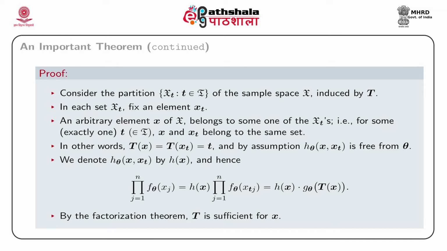Let us then denote h(x) = h(θ; x, y), which is independent of θ for all x belonging to script X. Hence, we write the product over i from 1 to n of f_θ(x_i) equals the product over i from 1 to n of f_θ(x_i) into h(x), which can be written as g_θ(T(x)) into h(x), where T(x) is a vector valued statistic which is T(x_1), T(x_2) up to T(x_n).